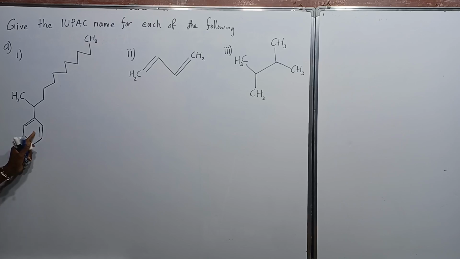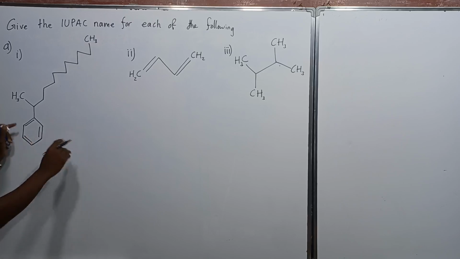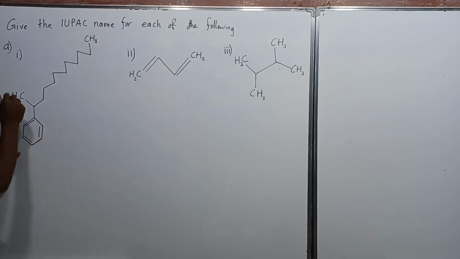In order to identify the longest chain, we count the number of carbons in the compound. Counting from left to right, this is carbon number 1. This is carbon number 2, where the benzene ring is attached.